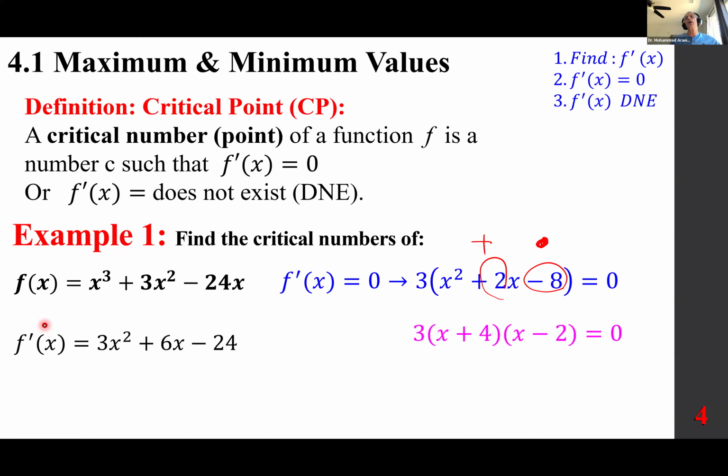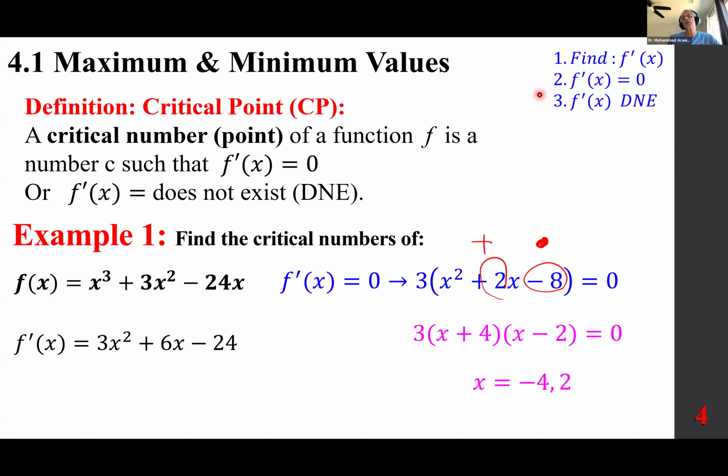That results in 2 answers. One of them is negative 4, one of them is positive 2. If they ask you for pairs, you put them into the original function to find the pair x comma y. For negative 4, the same thing for positive 2.